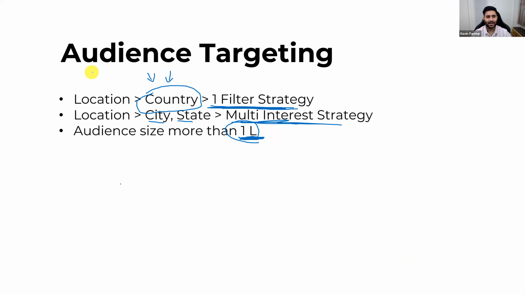Everyone clear about this audience targeting, which strategy you need to use and what should be your audience size? Yes. Pramod, you need to check. Yeah, Praveen, I got that point. I guess your ad account is not Indian ad account.